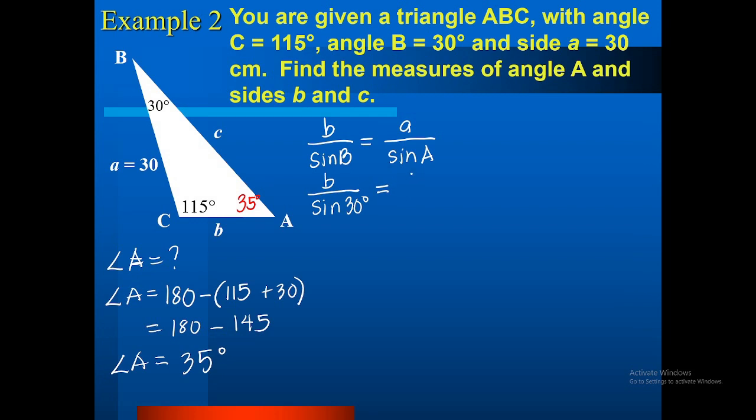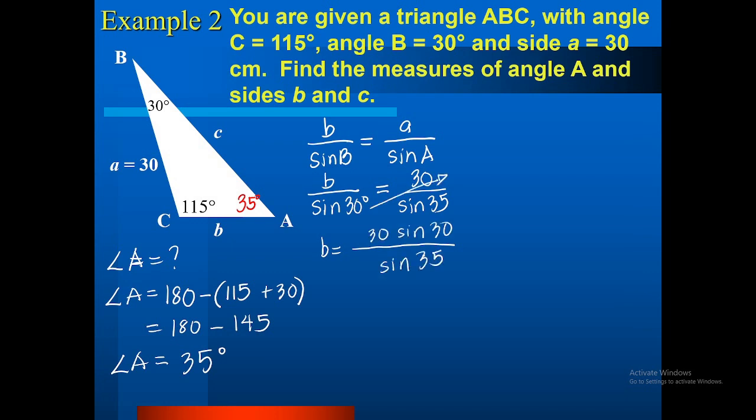Side A is 30, over sine 35. So, meaning, B is equal to, this sine 30, I will transfer it to the top. That's 30 sine 30 all over sine 35.